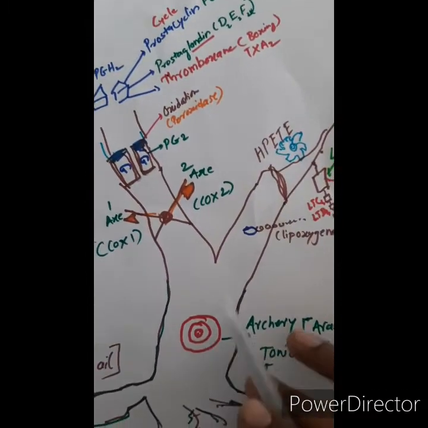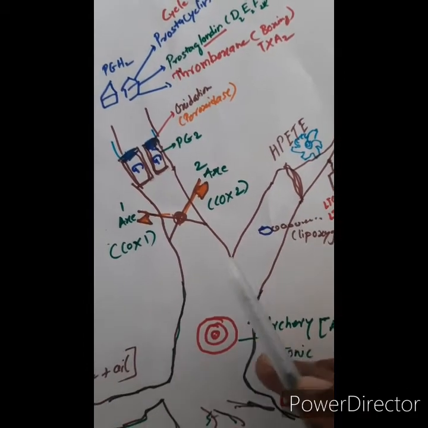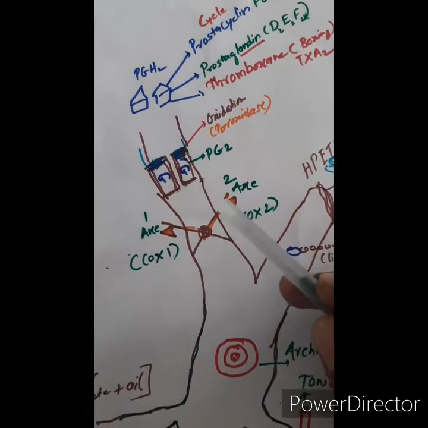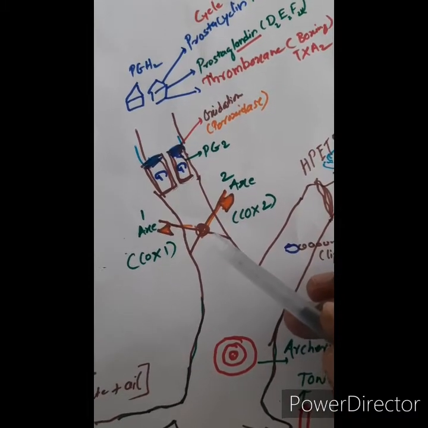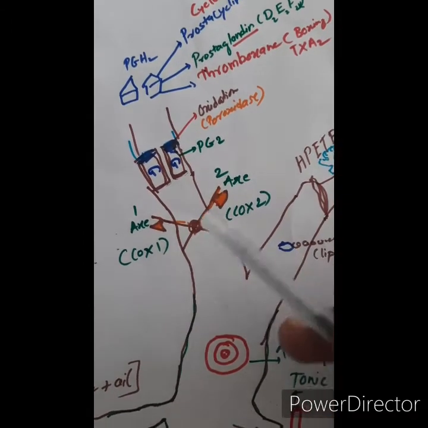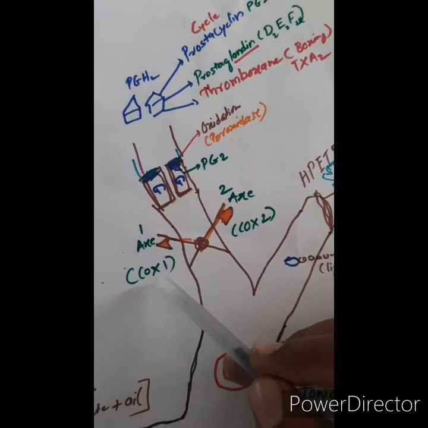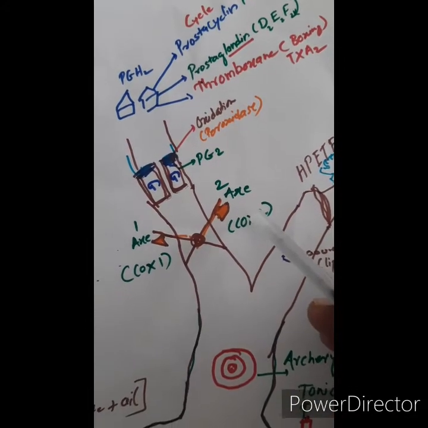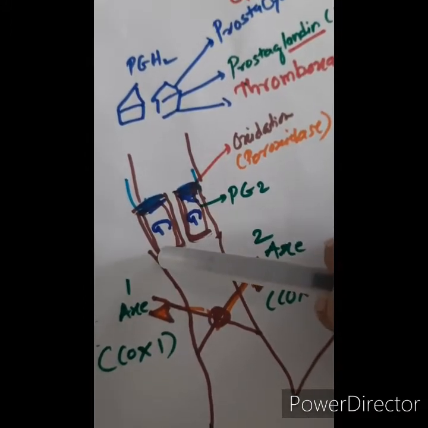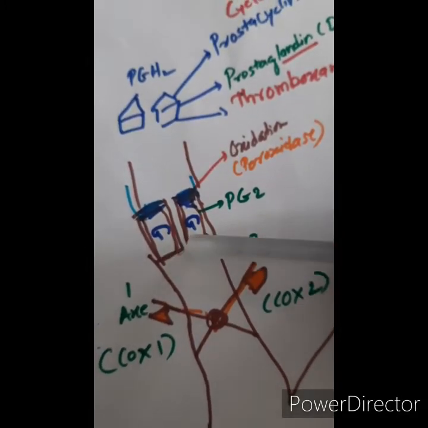Then this tree has two main branches, and we will go this way first. If you see, there are two axes, crossed, this is axe 1, this is axe 2. We can correlate this with COX, cyclooxygenase 1. Just above the axe, that person kept two Parle-G biscuit pouches, G for Parle-G.